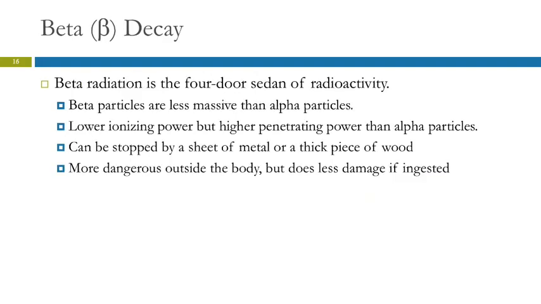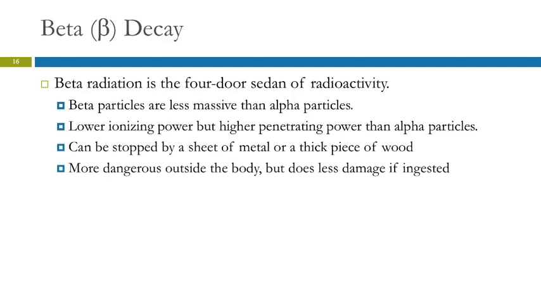So in our traffic or vehicle analogy, beta radiation is a 4-door sedan. Less massive than an alpha particle, so lower ionizing power. When it smashes into something, it doesn't do as much damage. But it has higher penetrating power than the alpha particle. A 4-door sedan can move through a traffic jam easier than an 18-wheeler can.